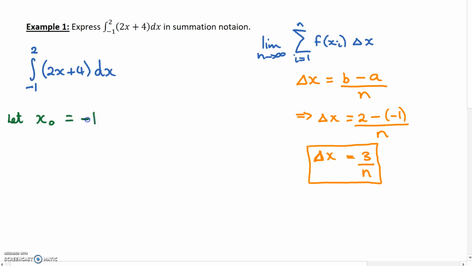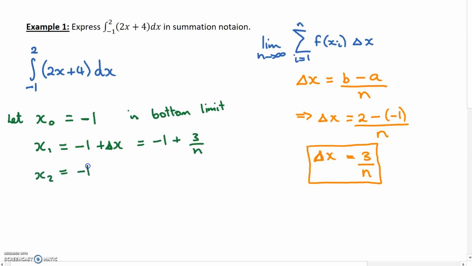So x0 is the bottom limit. x1 is negative 1 plus delta x, which would be negative 1 plus 3 over n. x2 would be negative 1 plus 2 times delta x, which is negative 1 plus 2 times 3 over n.